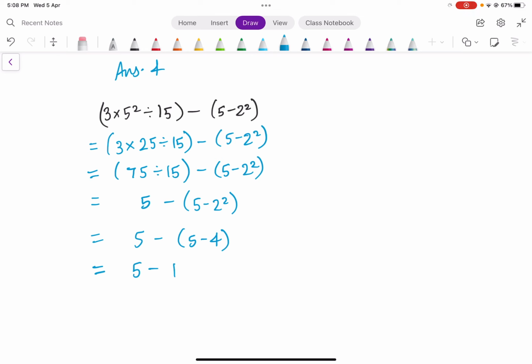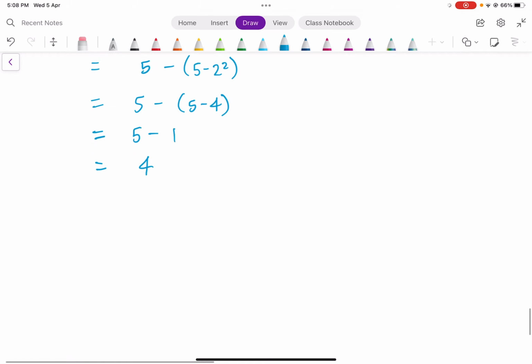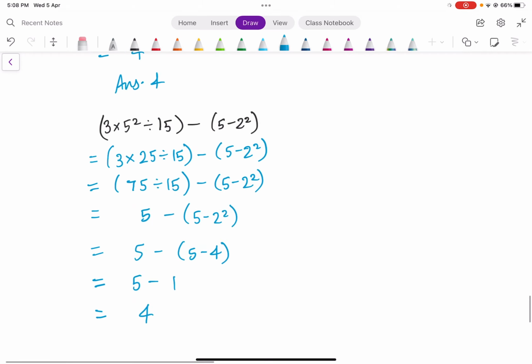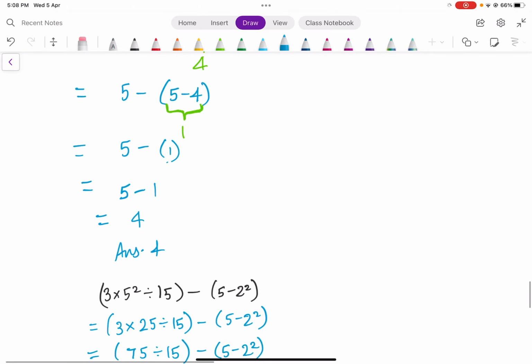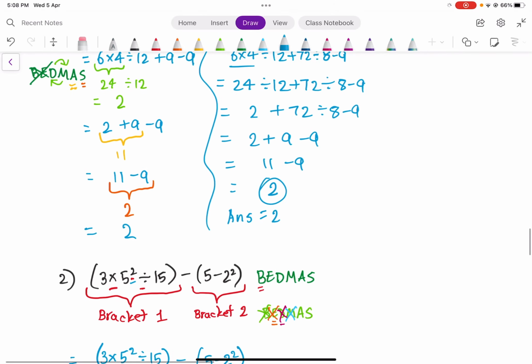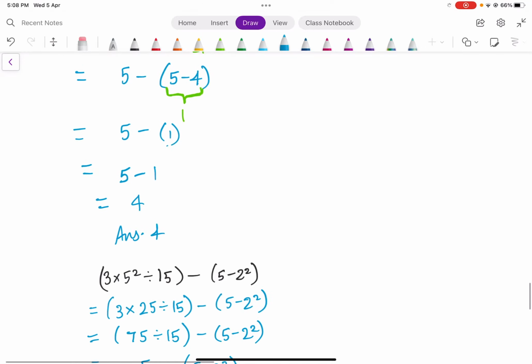So since there is nothing left except subtraction, we solve the subtraction, which gives us 4. So now that we've understood how to solve these equations, let's summarize what we've learned so far.